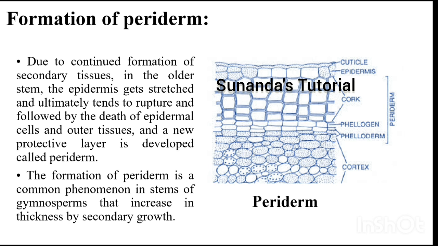The formation of periderm is a common phenomenon in the stem of gymnosperms that increase in thickness by secondary growth. It also occurs in angiosperms. So this periderm is the secondary protective layer.